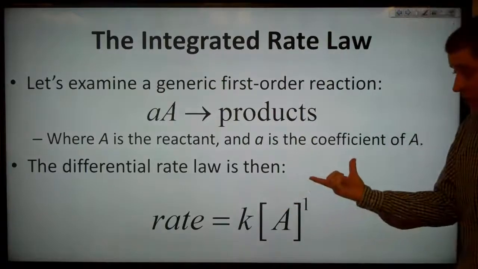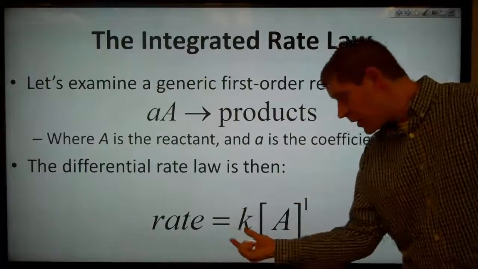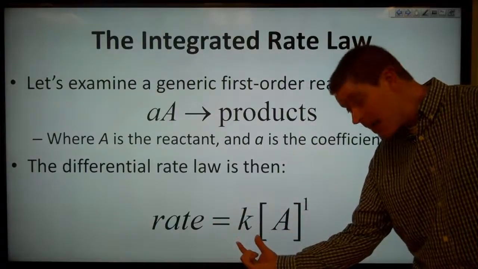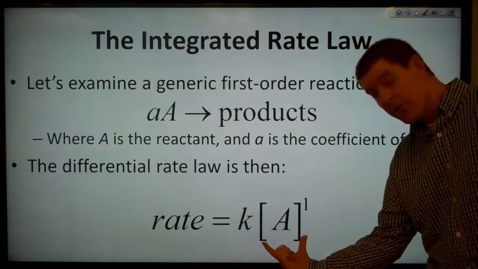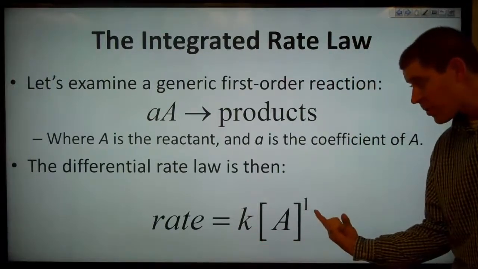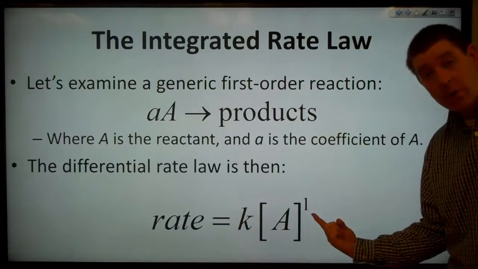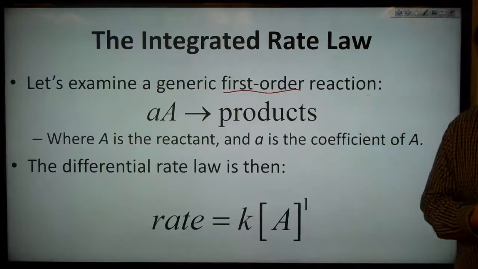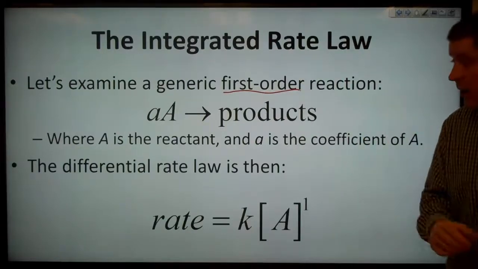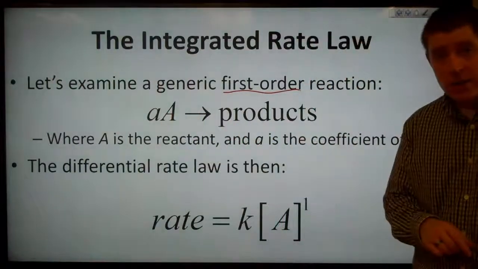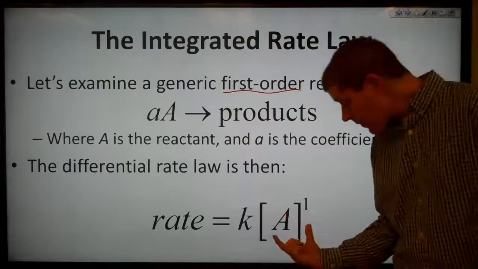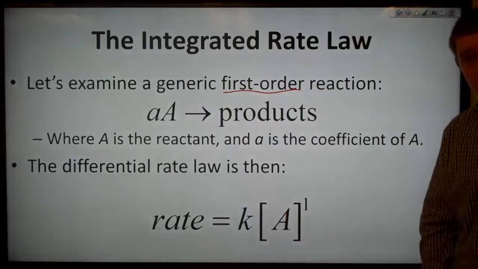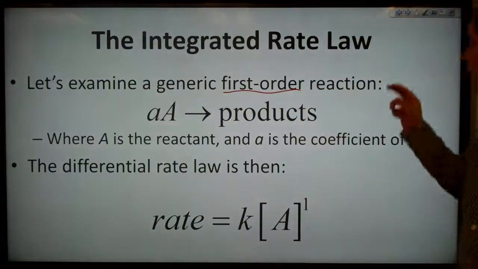Our differential rate law then is: the rate is equal to our rate constant k times the concentration of species A to the first power. We know that power is 1 because we've specified that it's a first order reaction. It's first order overall. There is only one reactant, so the power on the concentration of A is 1.